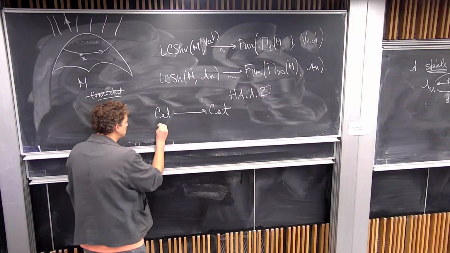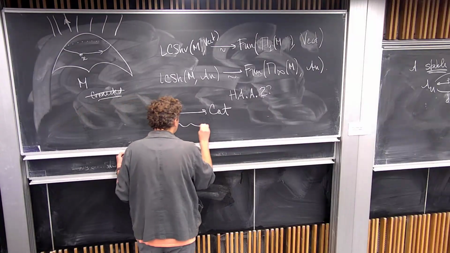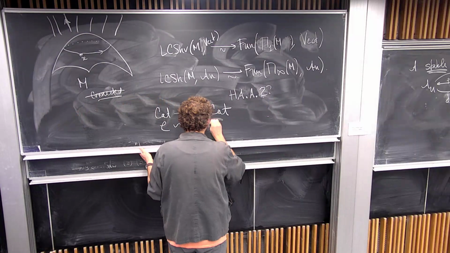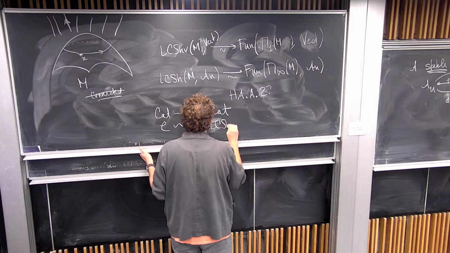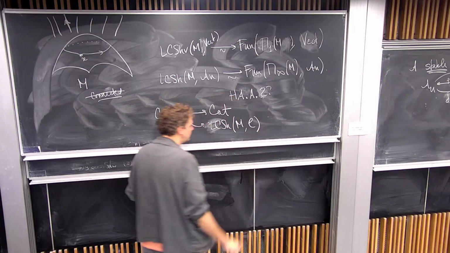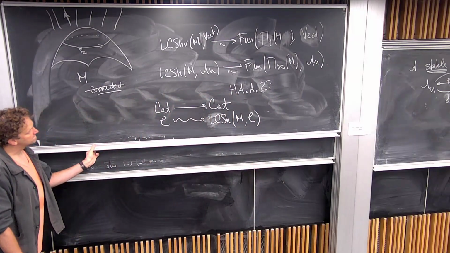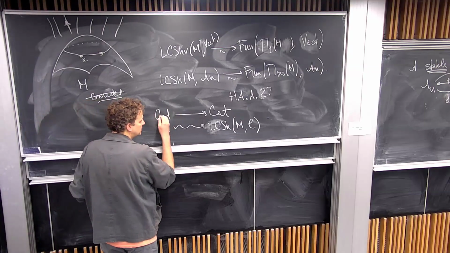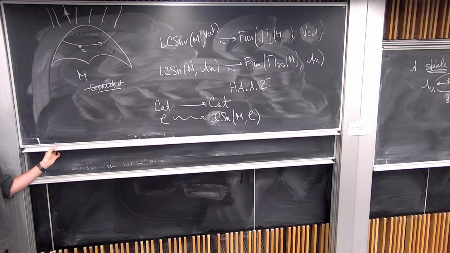It will take your favorite infinity category and spit out locally constant sheaves on M with values in your infinity category. This functor is representable, and the representing object is the homotopy type.